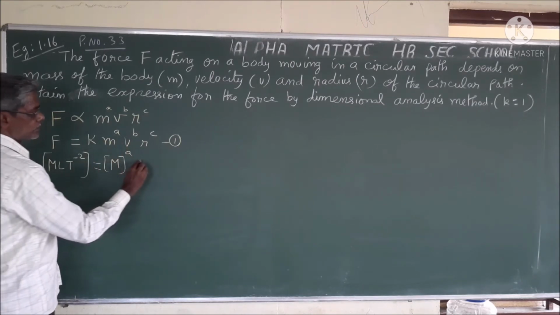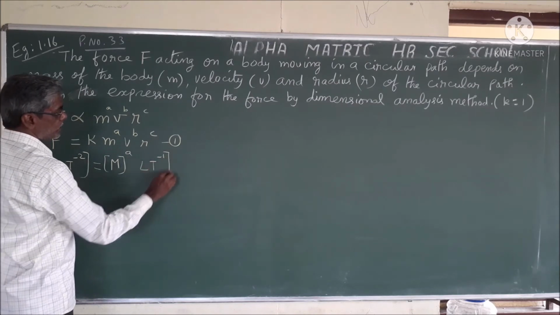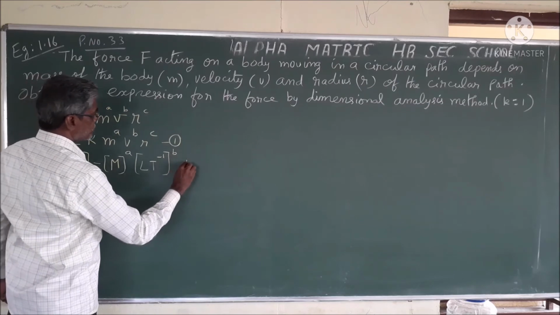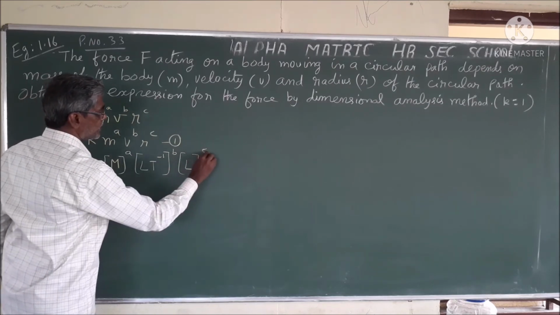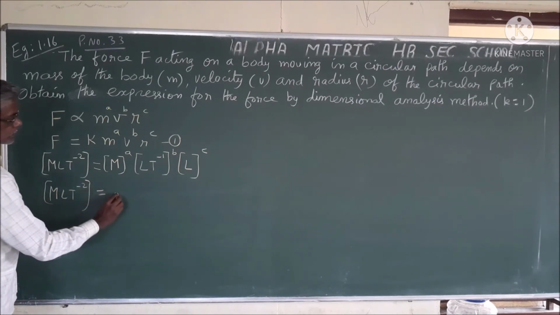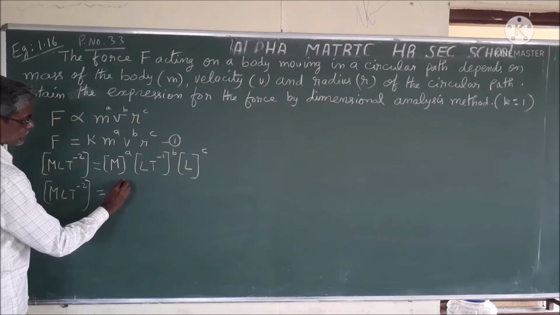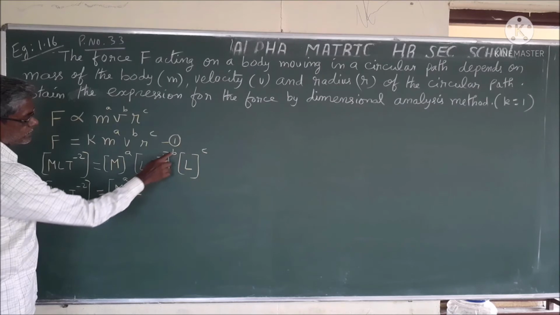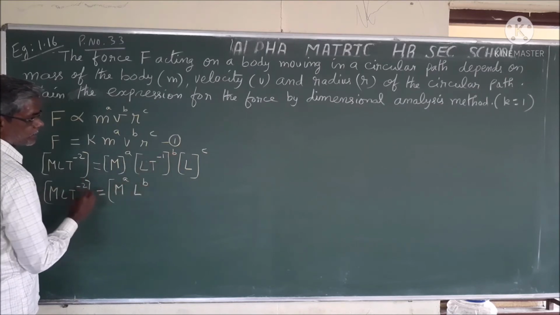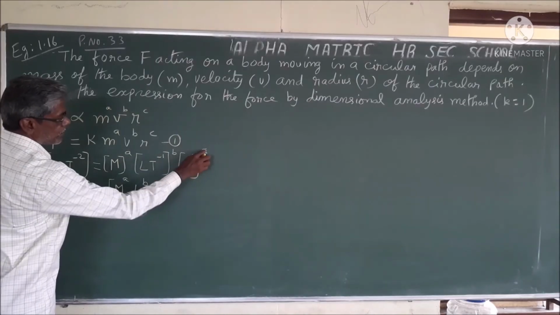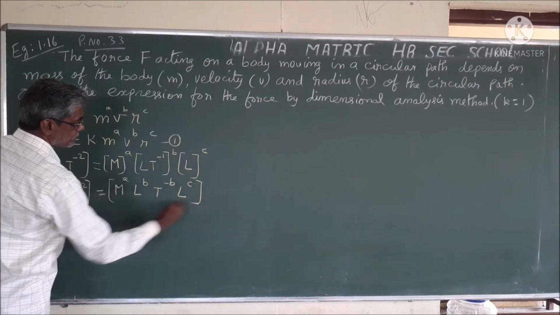Velocity is L T minus 1, whole power b, and for radius, length, L power c.